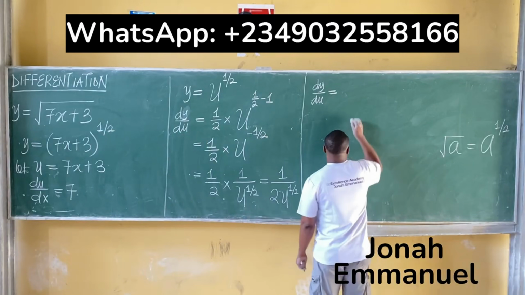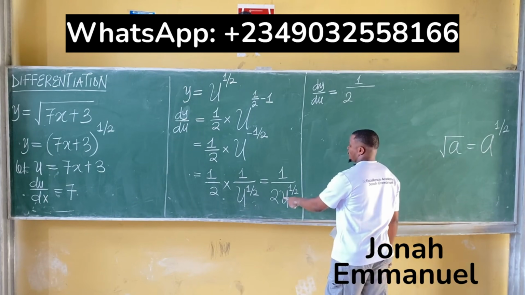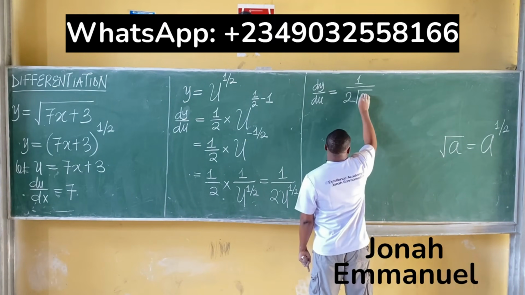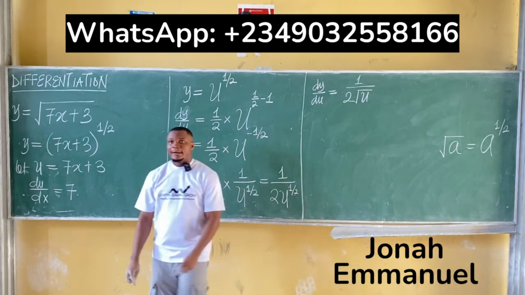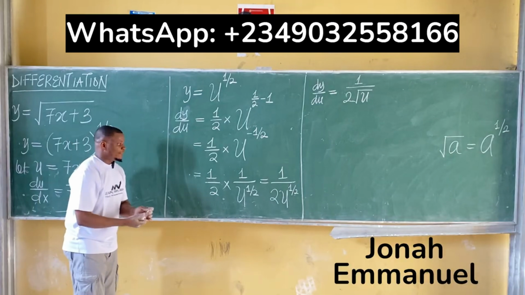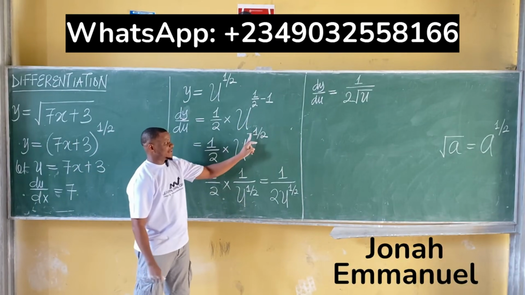So dy du is equal to 1 all over 2 u to the power 1 over 2. When you have something to the power 1 over 2, that means square root: 2 root u. That's all. So you see how it looks. It's the same thing, just simplify further. This subtract 1, you have negative.